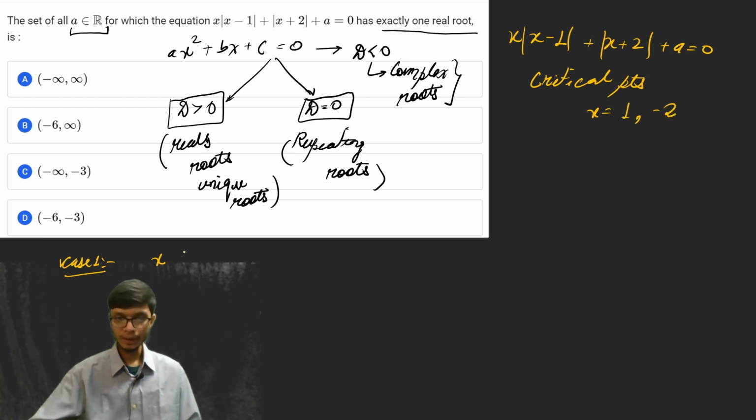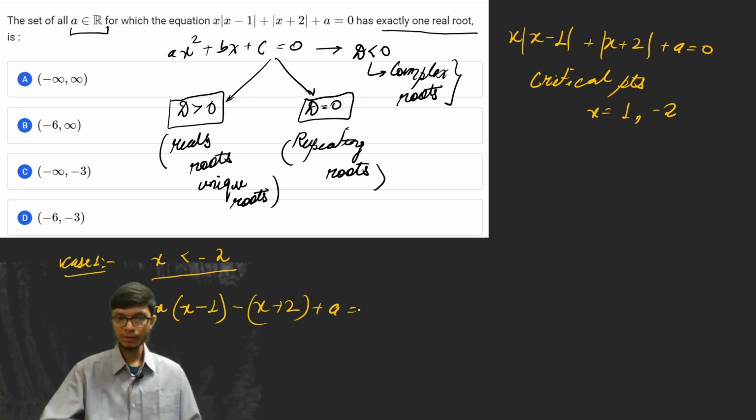So if I first take the condition x less than minus 2, both of them will open with the negative sign. So I get x into minus of x minus 1 minus of x plus 2, plus a is equal to 0.